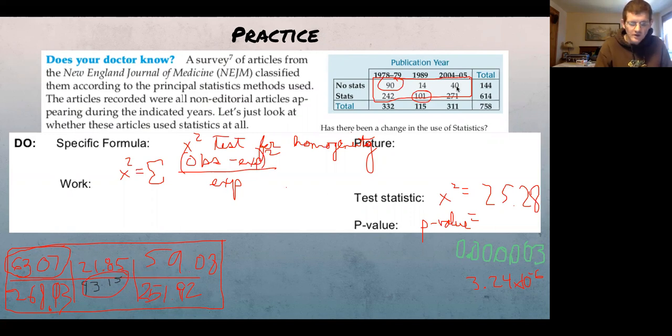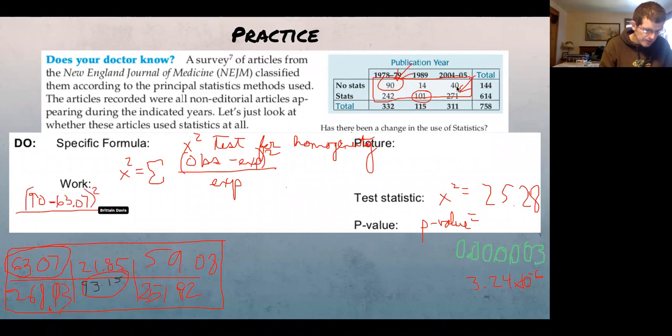But to show my work, I just want to show the first cell and the last cell. This is all you need to show. There are 6 cells we did this calculation for, but I'm only going to show the very first and the very last. So my calculation would have been the observed 90 minus the expected 63.07, squared, divided by the expected 63.07. Then I would have done the next cell over, but I'm not going to show that.